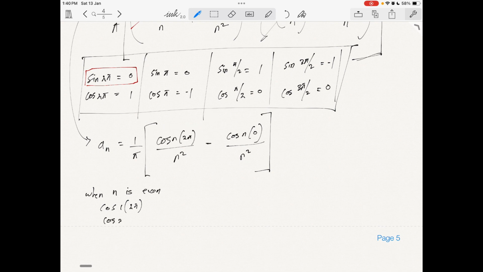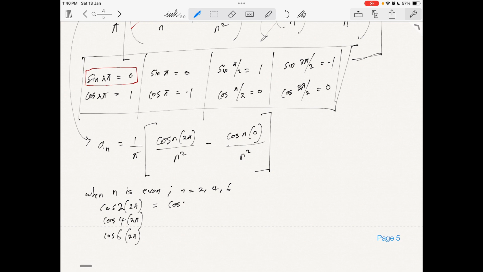We also have cos 2 2 pi, and as well as cos 3 2 pi. When n is even, that means n is 2, 4, 6.